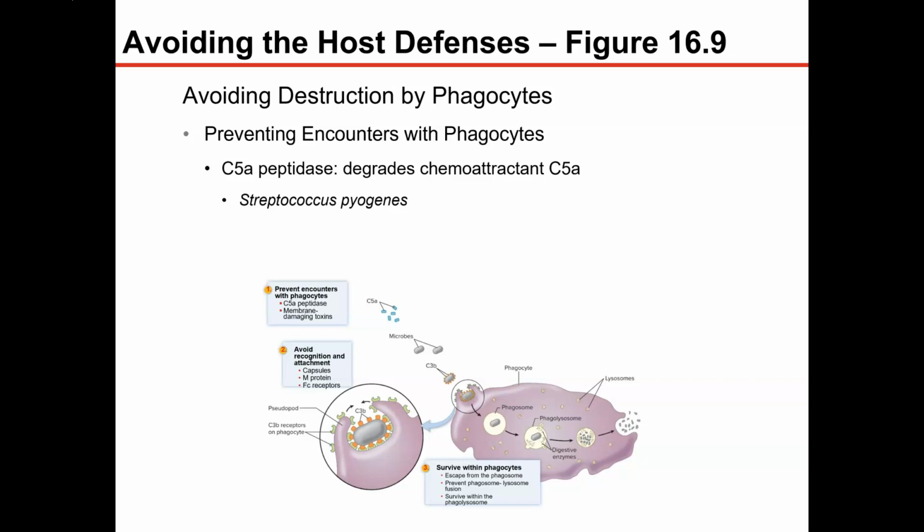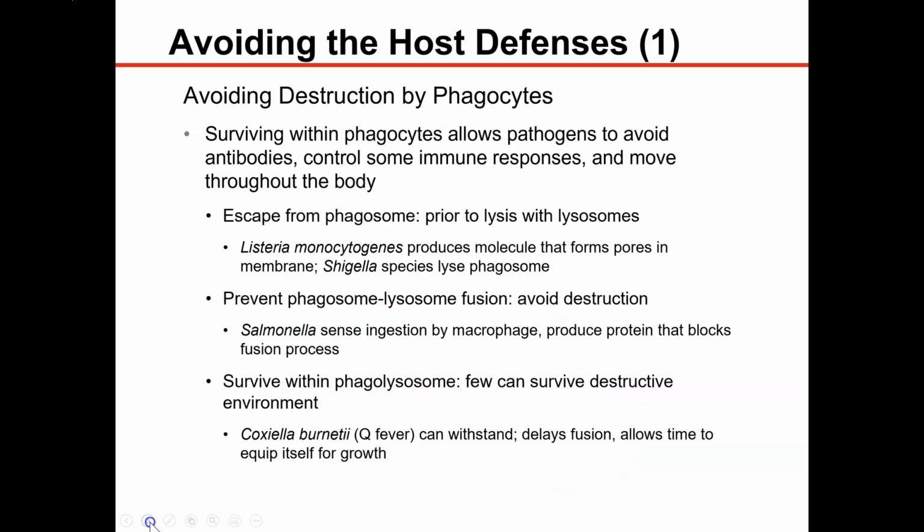C5a is one of the complement proteins in our body produced by our liver, and it is a chemoattractant to phagocytic cells. Streptococcus pyogenes produces a C5a peptidase, which degrades the chemoattractant, and in that way, Streptococcus is able to avoid the encounter altogether.